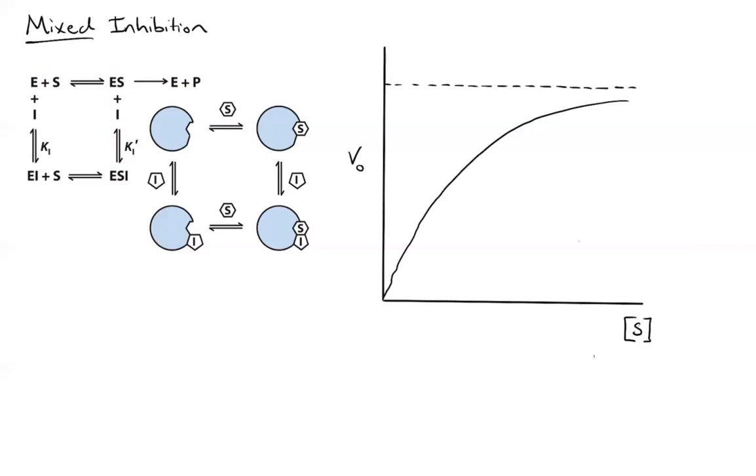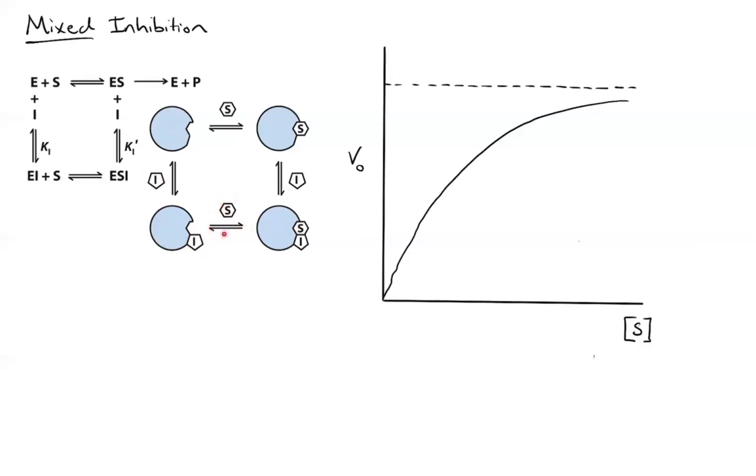In terms of what happens to Km, though, things are going to be kind of complicated here. Because what ends up happening with a mixed inhibitor is that when the inhibitor is bound, the substrate can still get in there, but generally speaking, it's not going to happen as easily when the inhibitor is sticking there. In our cartoon, hopefully this is sort of represented by the fact that our inhibitor is not binding right in the active site, but it's sort of binding nearby, making it a little harder for our substrate to get bound.